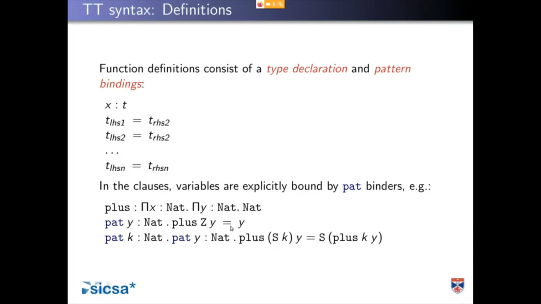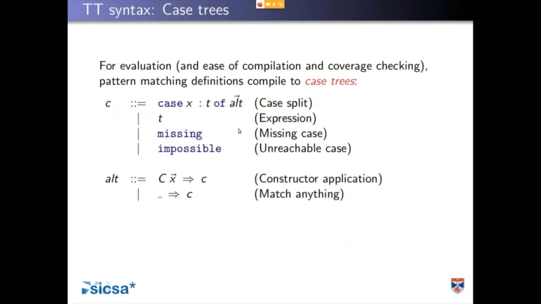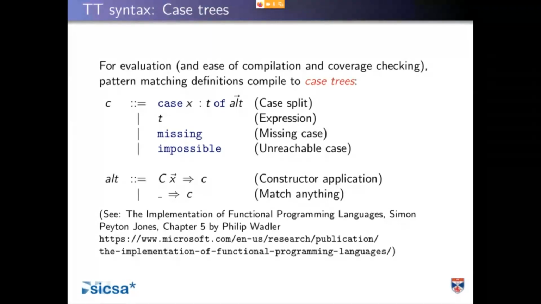This is how we write them down, and how we type check things. We always type check things to this form. Once we have something in a type checked form, we turn it into a case tree, because a case tree is easier to run, easier to compile, easier to do almost anything interesting with. It's possible we could take it to the next step and turn it into eliminators. I'm not entirely sure how useful that would be in practice, but maybe it would be.